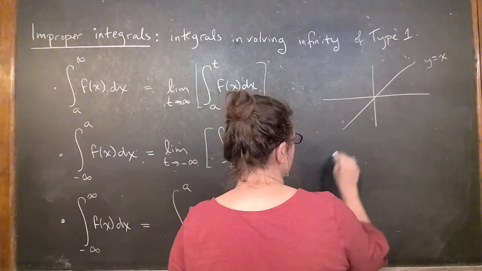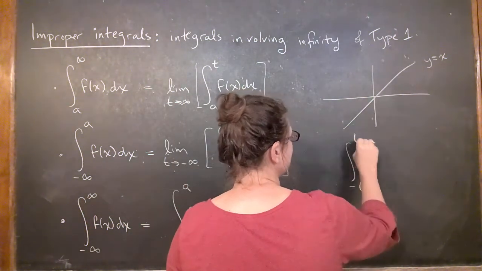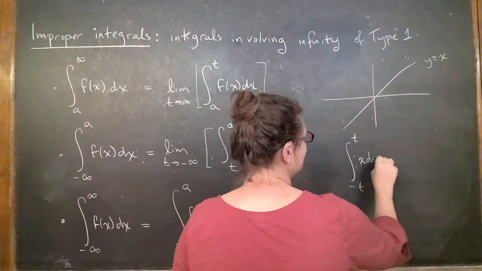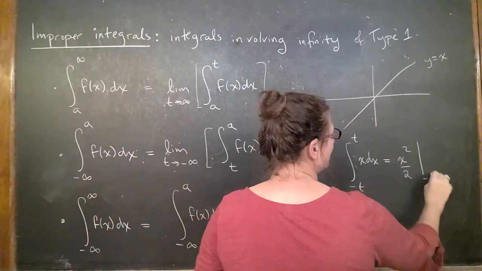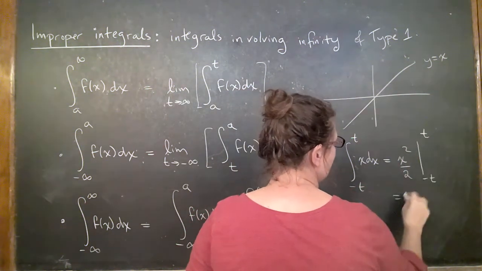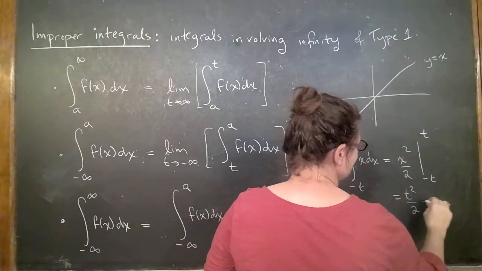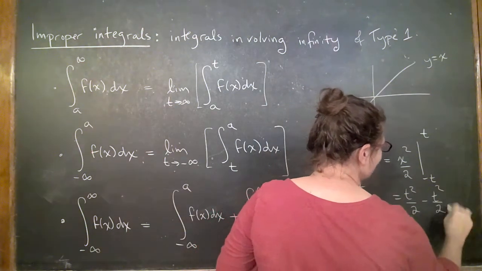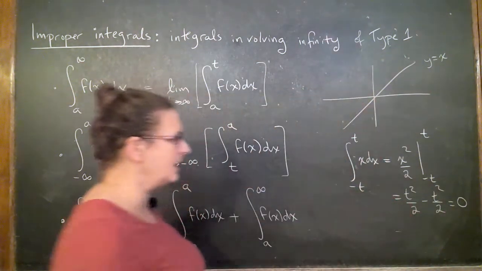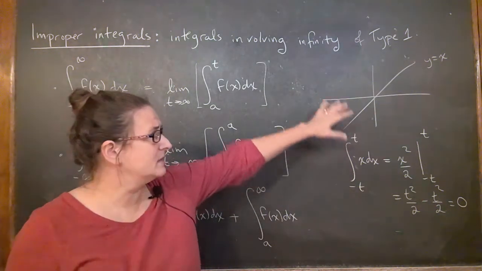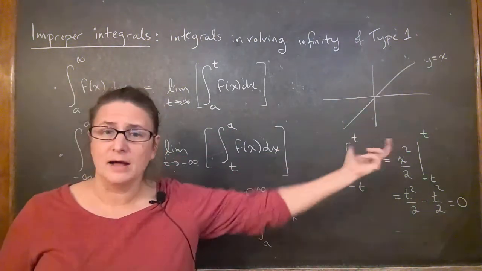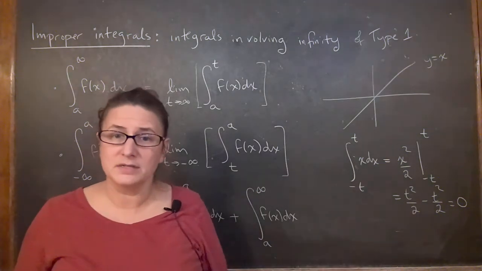If I do minus t to t of x dx, then I've got x squared over 2 from minus t to t, and this is just this minus this. It's 0. So I'd be telling you the area under that curve is 0.